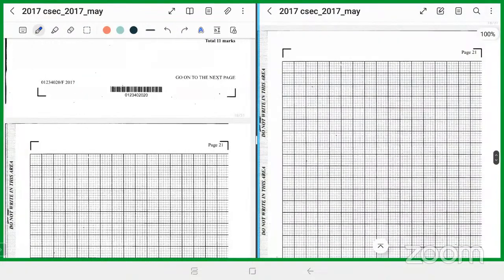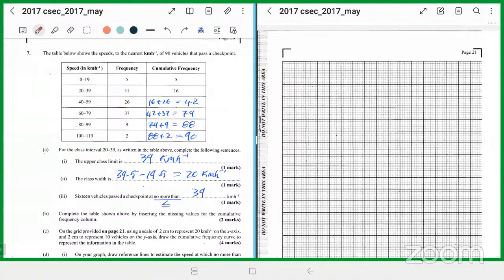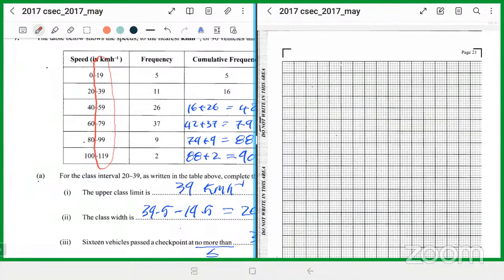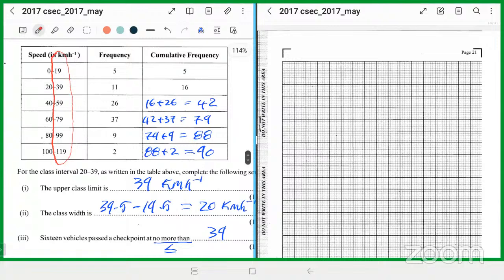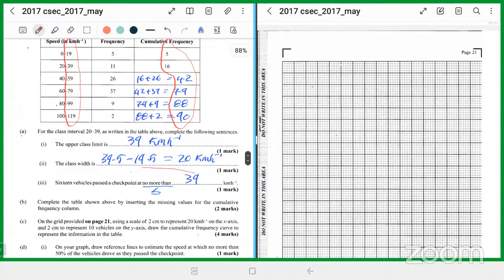All right, so basically plotting these upper limit values. Extend it up like this. Against these cumulative frequency values. So we're plotting a less than or equal to graph because of this information, that line.